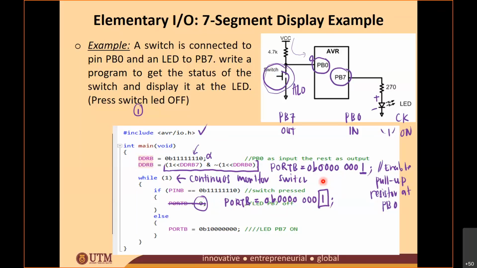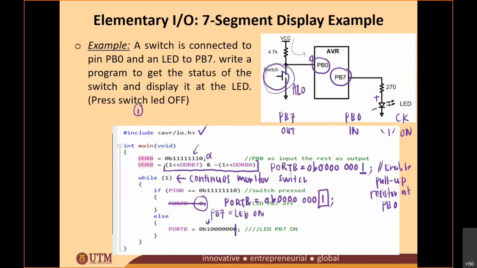Else, what happened? When the switch is not pressed, it will produce input 1 here at PINB. So PORTB equal to 0B1, so the LED will turn on. This is your PB7 getting 1, so LED on, and then 0000001.